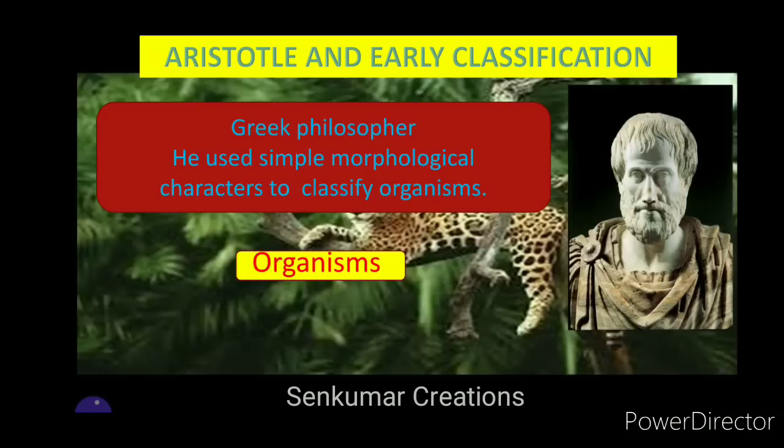He did not use any deep characters or explain the characteristic features of organisms intensively. Instead, he used just the morphological, meaning visible, characters of the organisms to classify them.